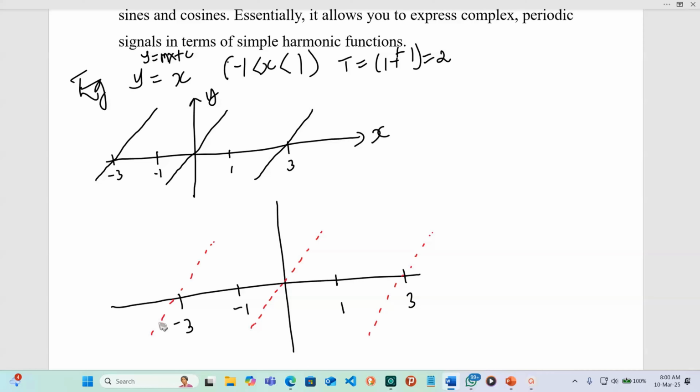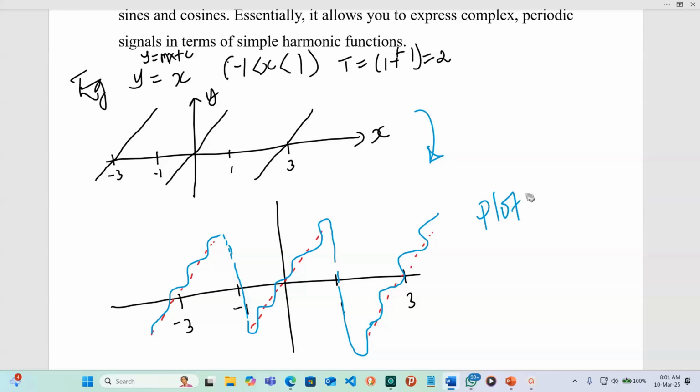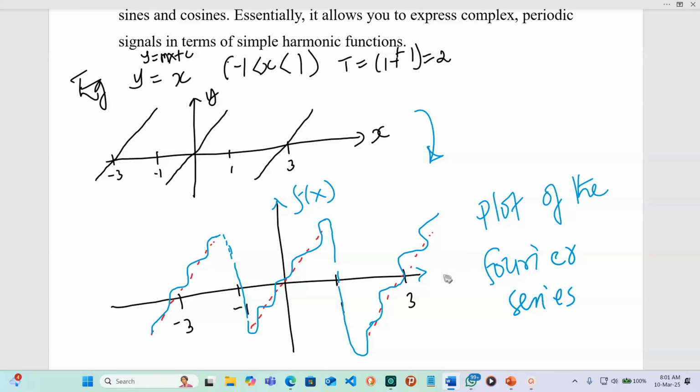Now this is going to be in terms of sines and cosines. So then you have something like this, then something like that, then you go down. So that's how this finally is going to look like. So this one is now a plot of the Fourier series. This is f of x, and this is x.